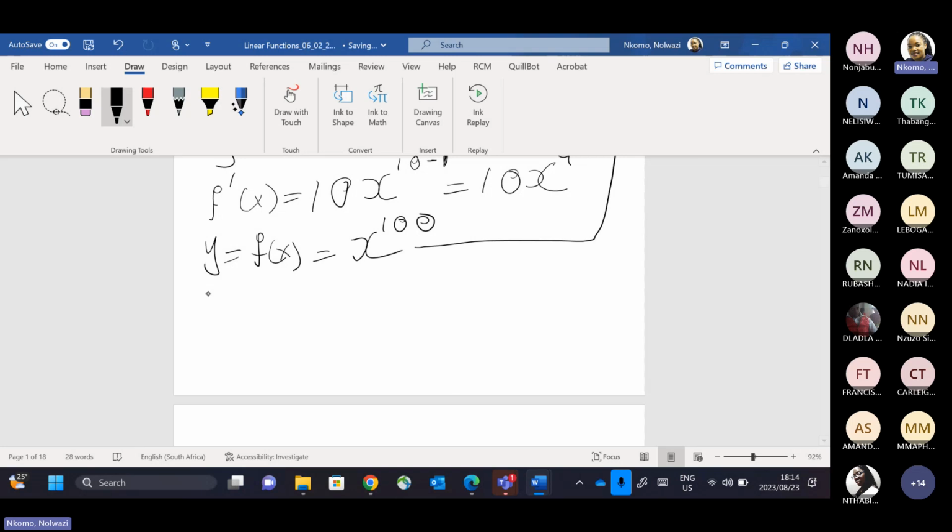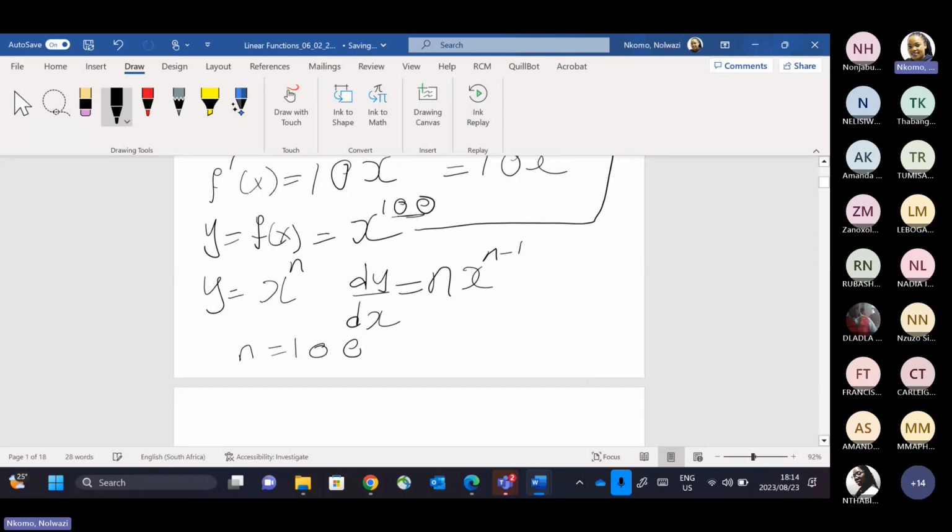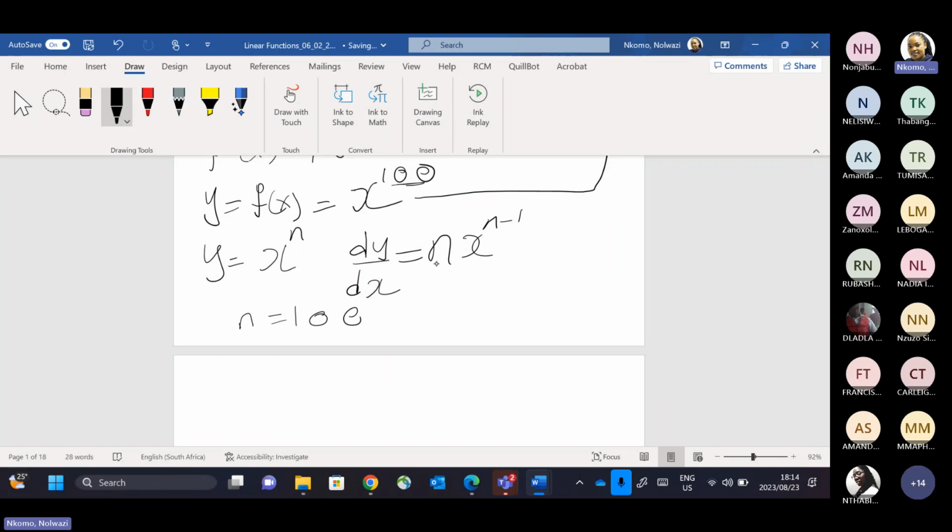Okay, we said if we are given y is equal to x to the power n, then dy over dx would be, you take n, you multiply with it, and then you subtract 1 from n, right? And our n now is equal to 100. So we substitute it back here, and we'll have dy over dx, which is the same thing as f prime of x.